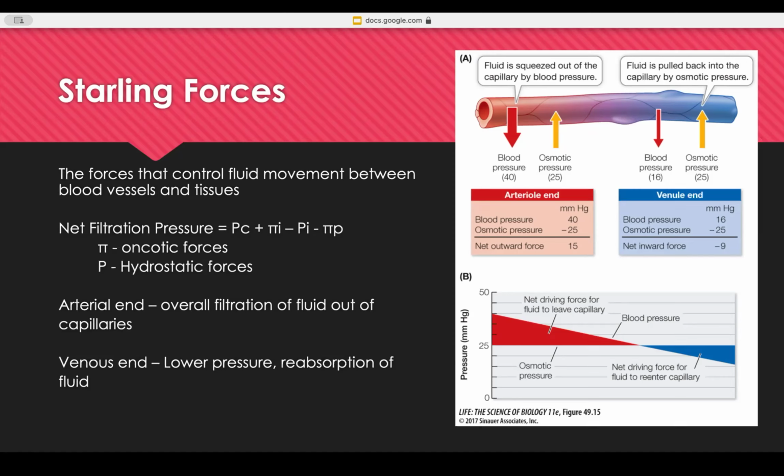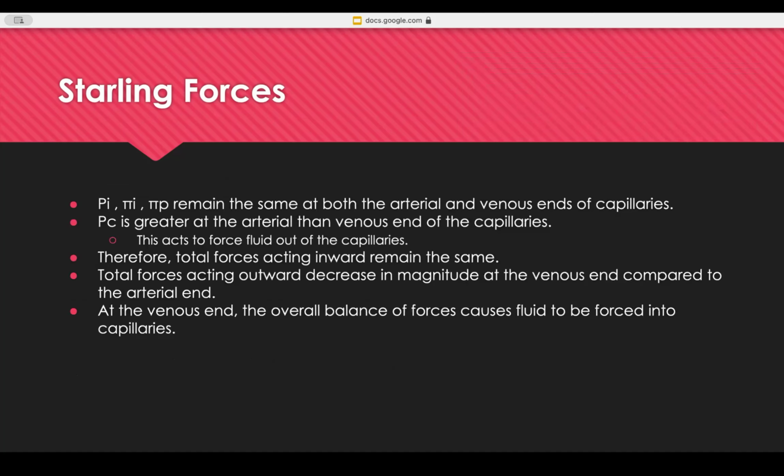This osmotic pressure actually stays the same throughout the capillary, but it's the hydrostatic forces that change from larger at the arterial end to much smaller at the venous end, causing the difference in the net change of fluid, driving fluid to leave the capillary and then to enter it at the venous end, which allows the transfer of oxygen and blood to come back. And this slide just explains that again.